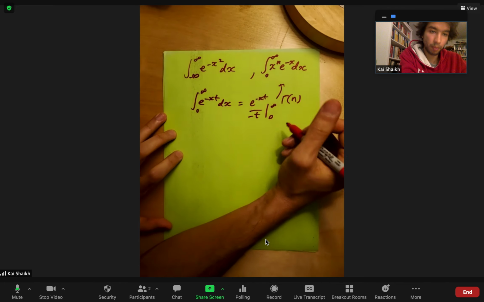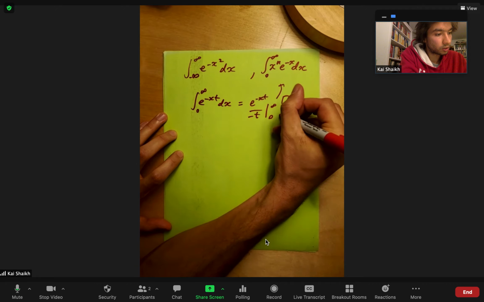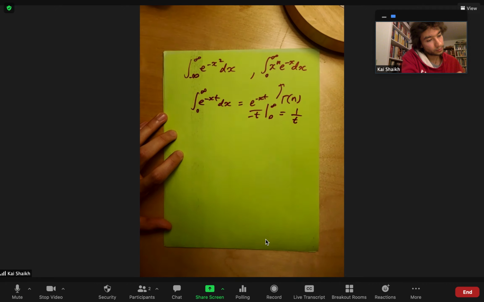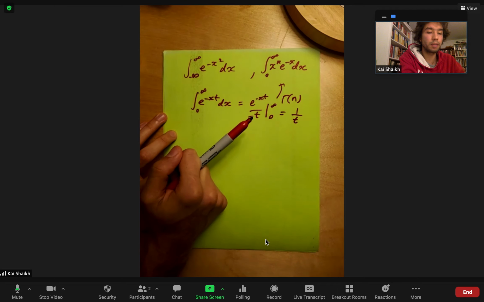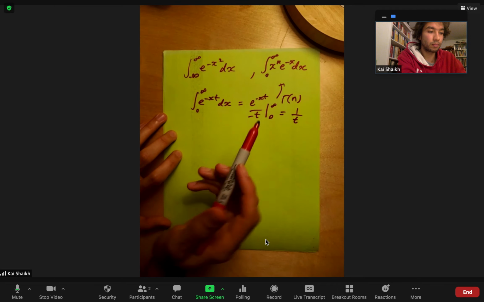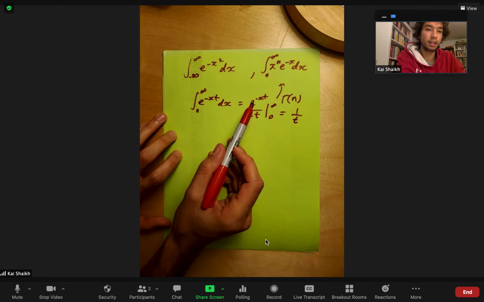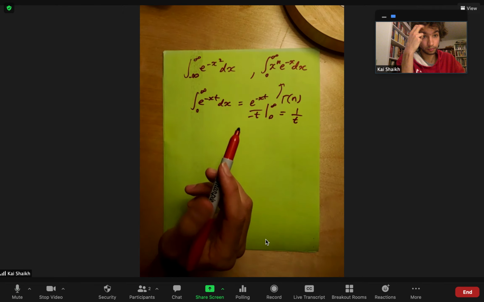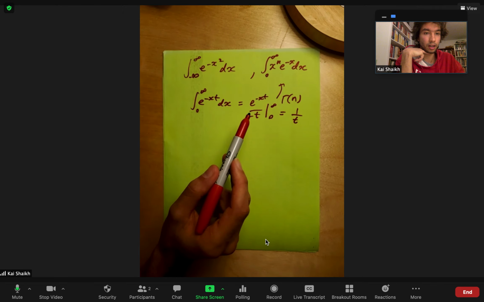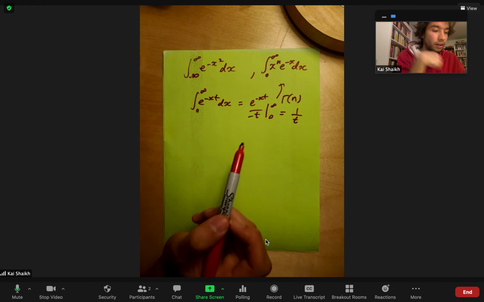So we get minus 1 over t, so that's just 1 over t. I should say that we're interested in t positive, which is why when x goes to positive infinity, the exponent goes to minus infinity, and thus it goes to 0.